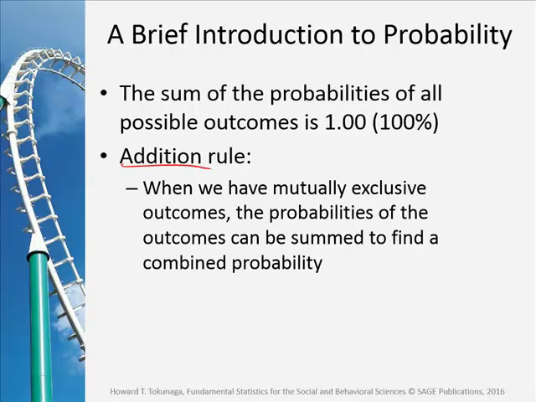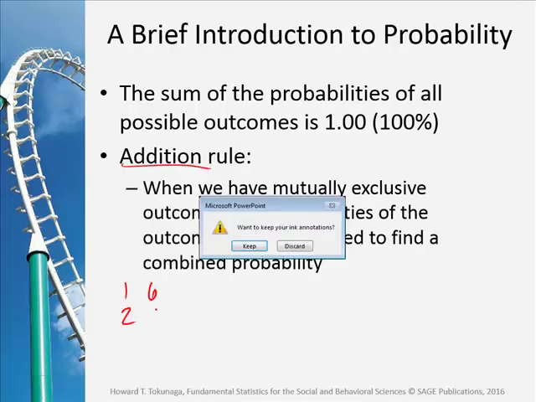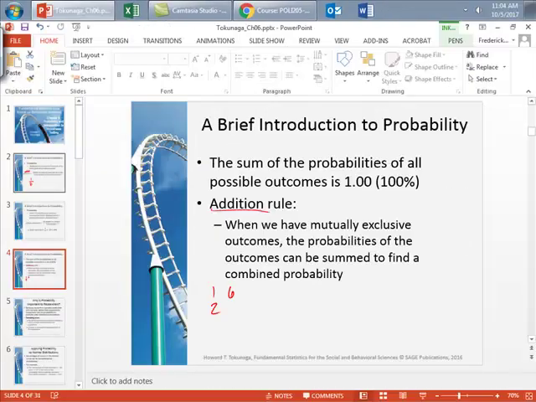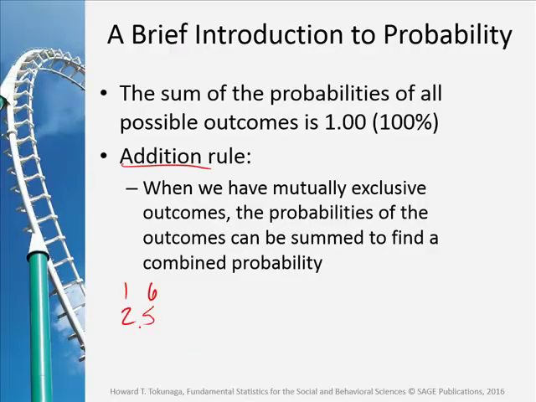They all add up to 1, and when we combine potential outcomes, like rolling a 1 and a 6, a 2 and a 5, a 3 and a 4, a 4 and a 3, a 5 and a 2, and a 6 and a 1, we take all of those probabilities and add them together. 1/6 plus 1/6 plus 1/6 plus 1/6 plus 1/6 plus 1/6.